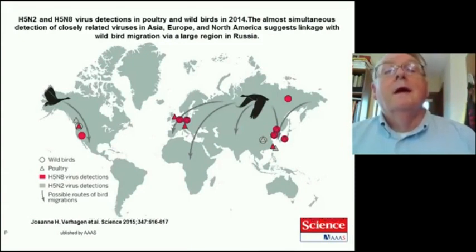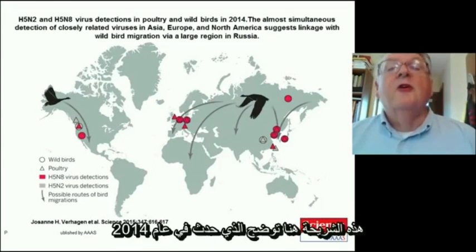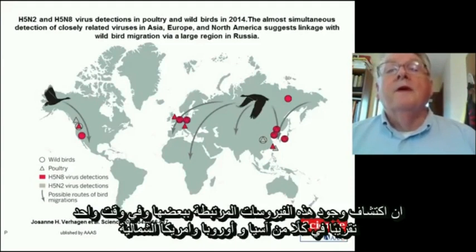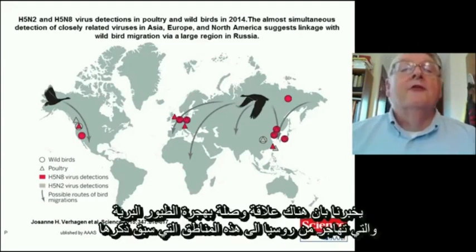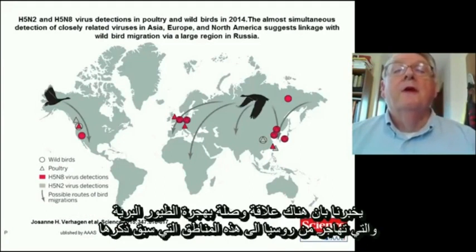This particular slide shows what happened in 2014 and the almost simultaneous detection of closely related viruses in Asia, Europe, and North America suggests linkage with bird migration via a large region in Russia.